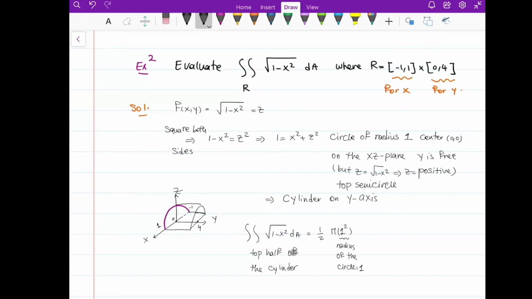So I get pi times 1 squared. This would be the area of the full circle, and I just want half of it. And then for this kind of lying cylinder, we multiply by the height. What is the height? The height is 0 to 4, so this is 4, right? So it would be 1/2 pi 1 squared times 4. So this is 2 pi. That's the answer for this integral.